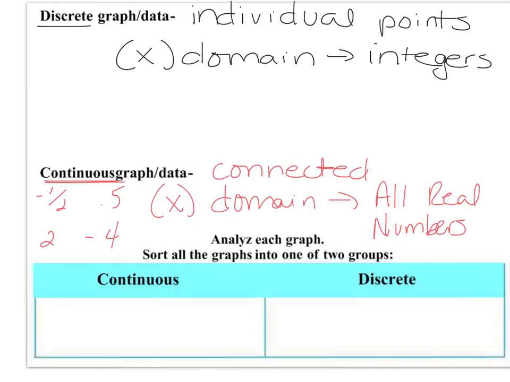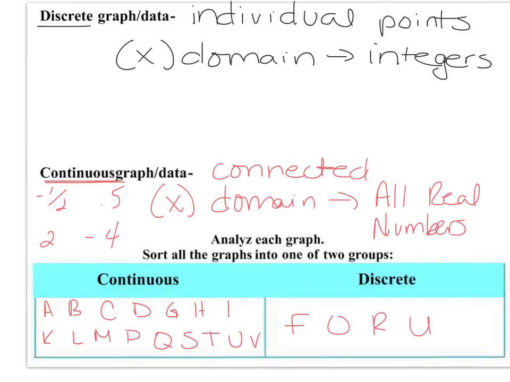So if I look at the graphs that are going to be all real numbers that are going to be continuous data, I have A, B, C, D, G, H, I, K, L, M, P, Q, S, T, U, and V. Those are all my ones that are going to be all real numbers. My graphs that are only discrete data are F, O, R, and U.